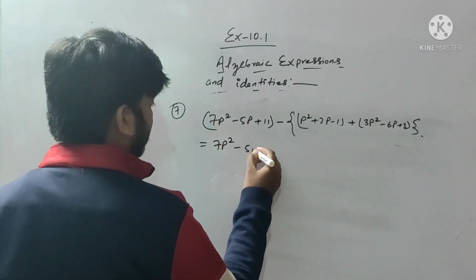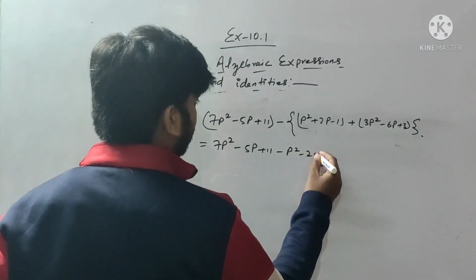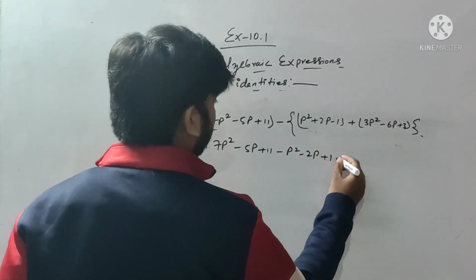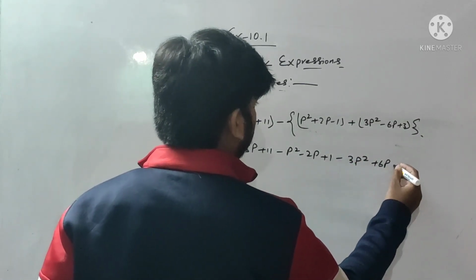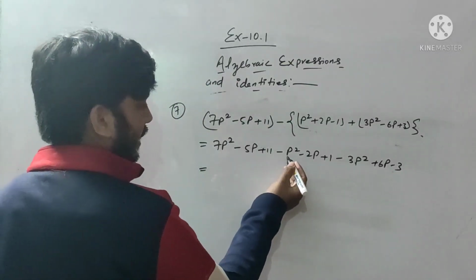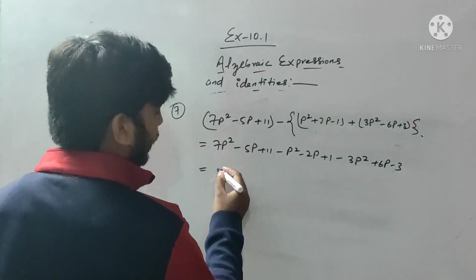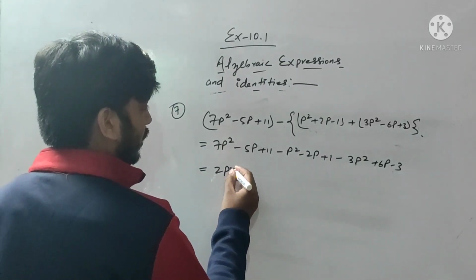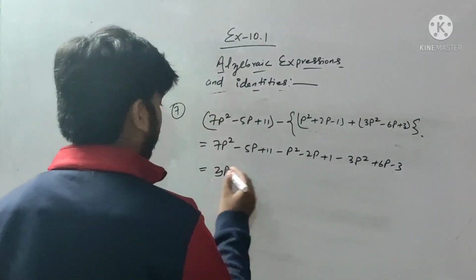7p square minus 5p plus 11 minus p square minus 2p plus 1 minus 3p square plus 6p and minus 3. So it will be 7p square minus p square minus 3p square. So after the subtraction it will be 3p square.